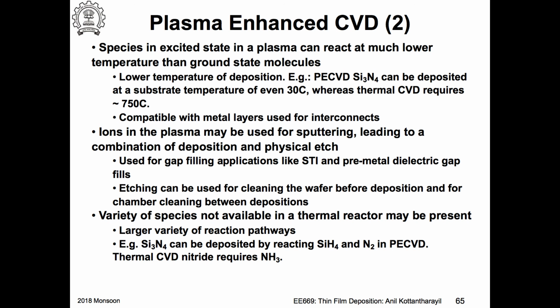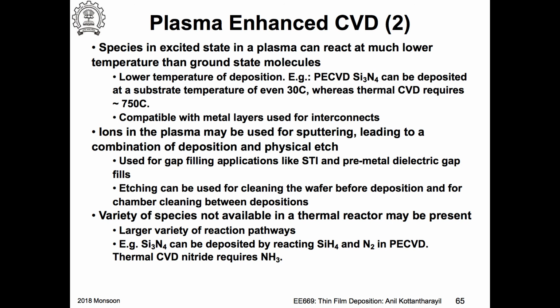Okay, so ions in the plasma may be used for sputtering, leading to a combination of deposition and physical etch possibility. You are doing a CVD deposition, right? Chemical vapor deposition, but in the plasma I also have ions. I can use them for sputtering. So I have a combination of deposition and etch.